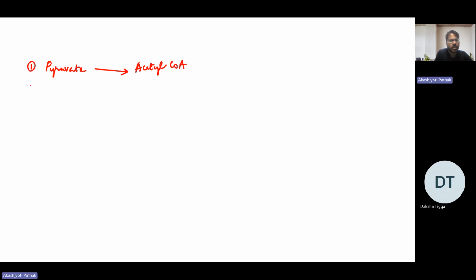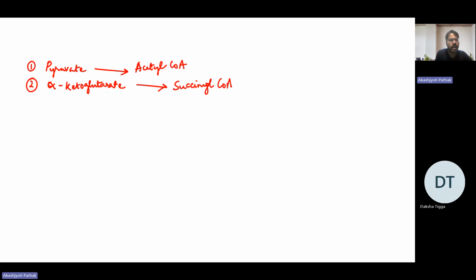Then what is the other step where your NADH is being produced? When your alpha ketoglutarate is getting converted to succinyl-CoA.